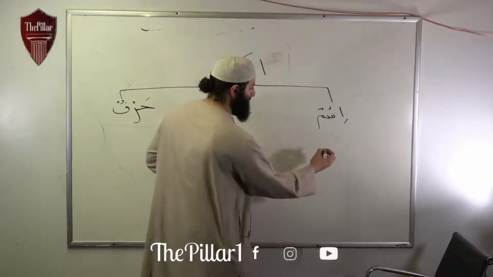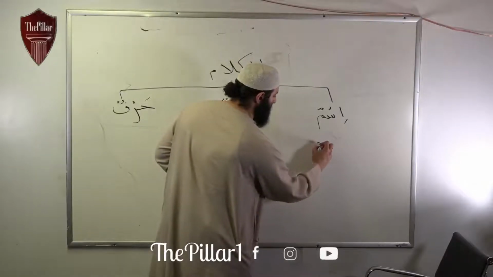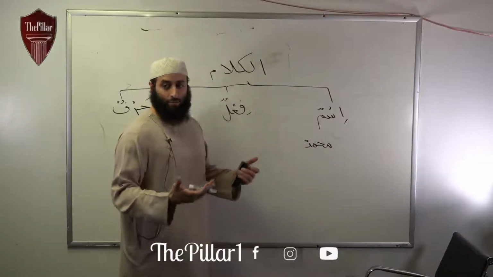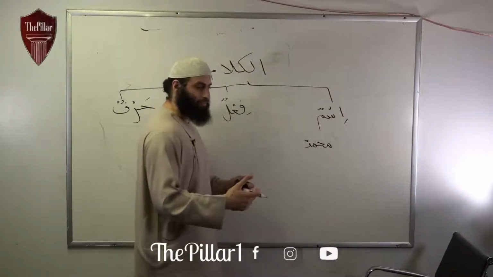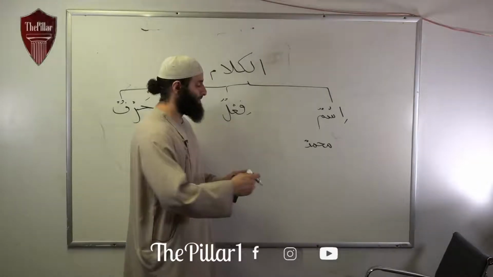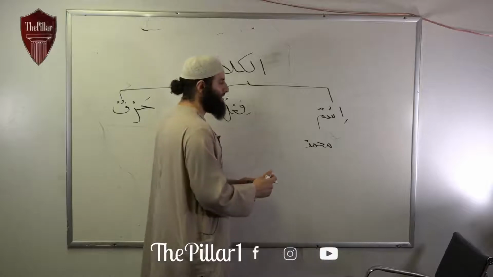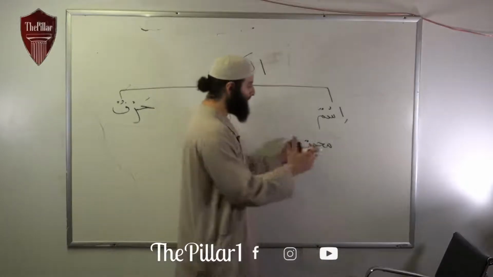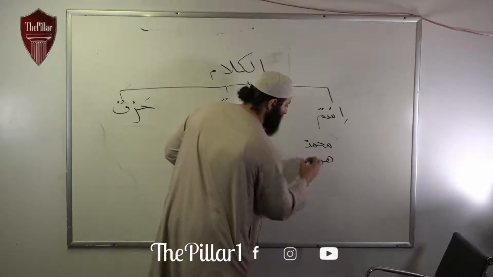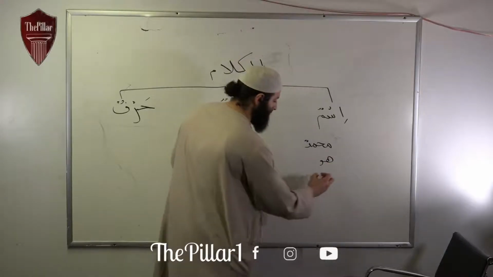So I'm going to use the name Muhammad as just a regular name, right? Muhammadun. Also, you have pronouns that are like he, her, she, them. Those are considered pronouns in Arabic. They're called dama'ir. But for now, we're just going to put simply something like huwa, right?